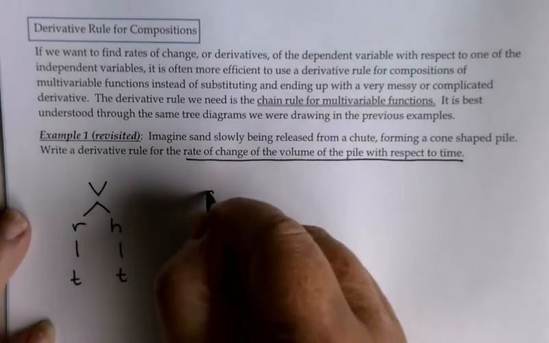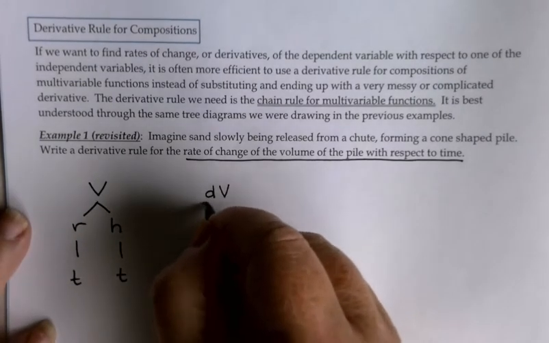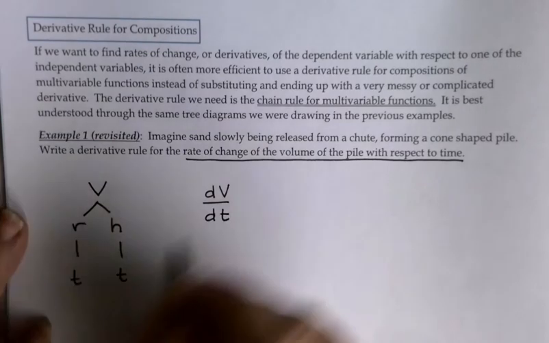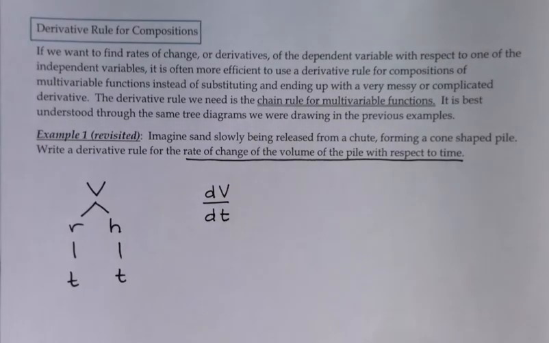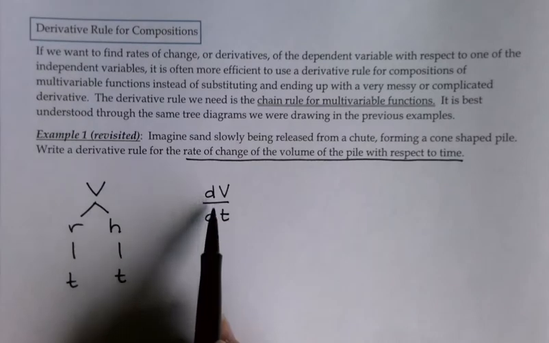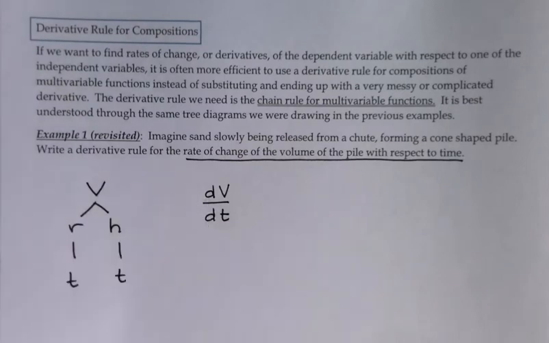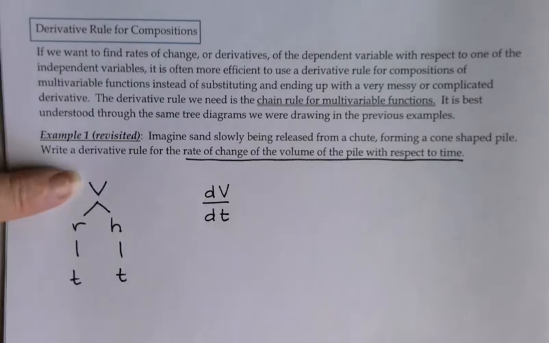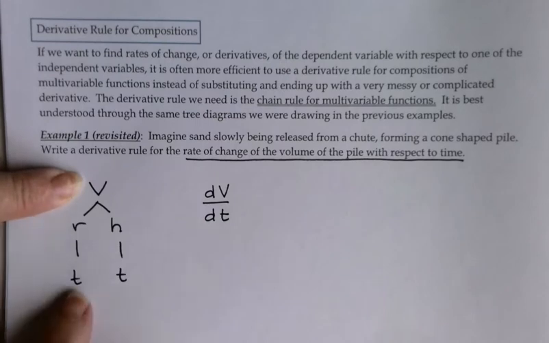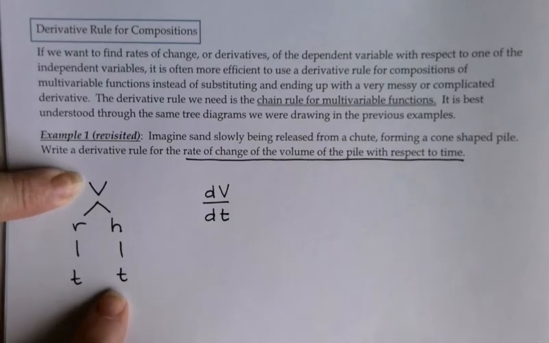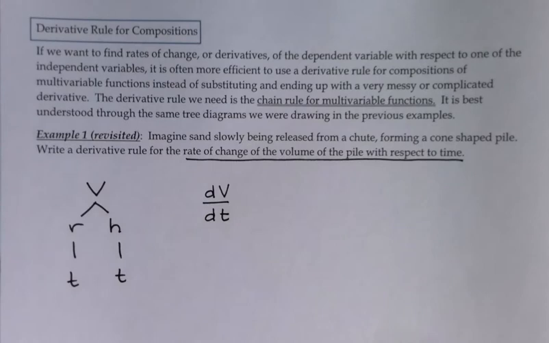So what I'd really like to find is the derivative of v with respect to t. Now you might be thinking, hey, wait a minute, she just used a regular d, not a delta here. Notice that eventually v only depends on one variable, t. So I actually didn't need a partial derivative on that one. All right, so how do we get there?